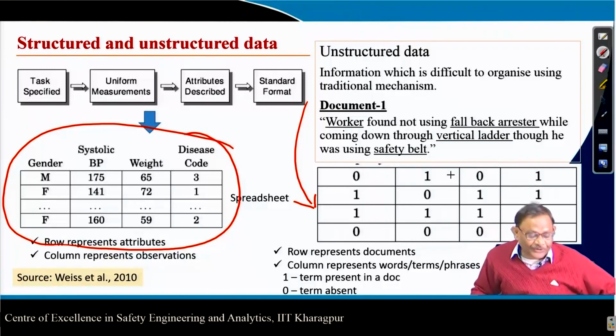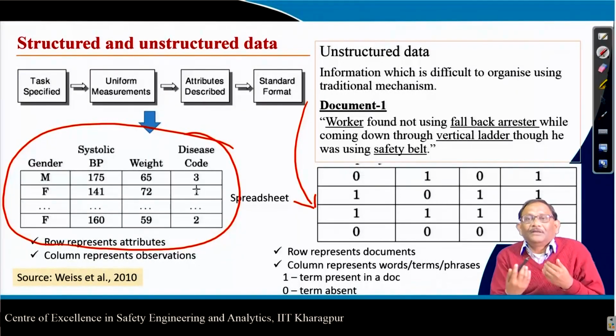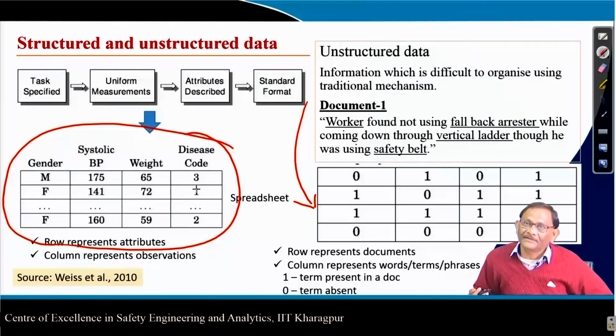Now the issue is, on the left hand side, suppose gender, some kind of health data, blood pressure level, weight, disease. Maybe in the report itself, the individual's gender, their BP, weight and disease code, if it is some occupational health data, it is there.